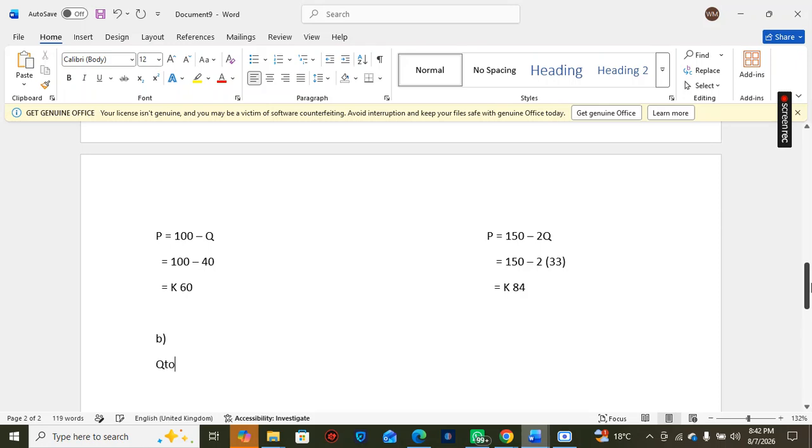Q total equals Q students plus Q leisure travelers.